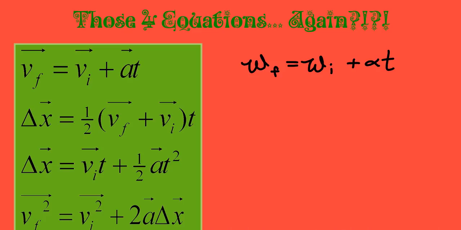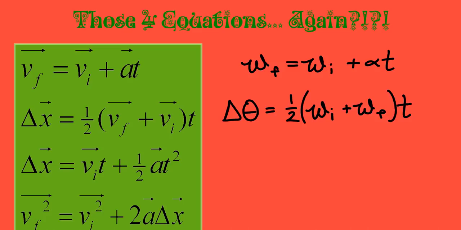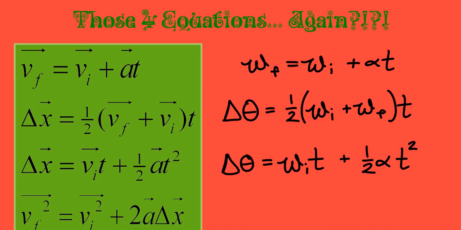Delta x equals 1/2 (v final plus v initial) t becomes delta theta equals 1/2 (omega initial plus omega final) times time. Delta x equals v initial t plus 1/2 a t squared becomes delta theta equals omega initial t plus 1/2 alpha t squared.